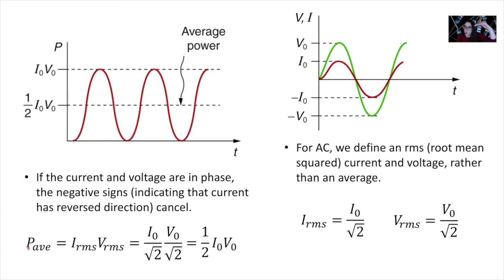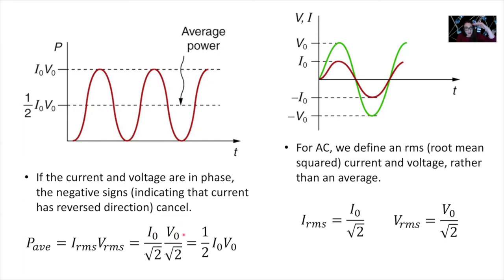So our average power is equal to 1/2 times our maximum current times our maximum voltage in alternating current. Our average power is also equal to our RMS current times our RMS potential. Here we're taking I0 over the square root of 2, the RMS current, times V0 over the square root of 2, that's our RMS potential.